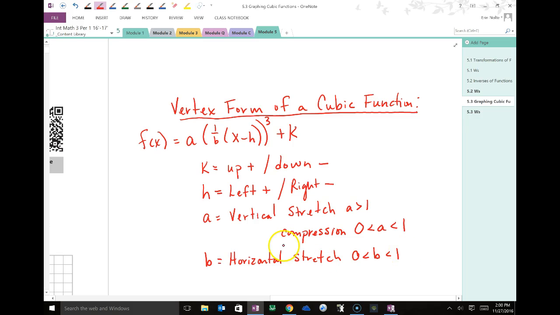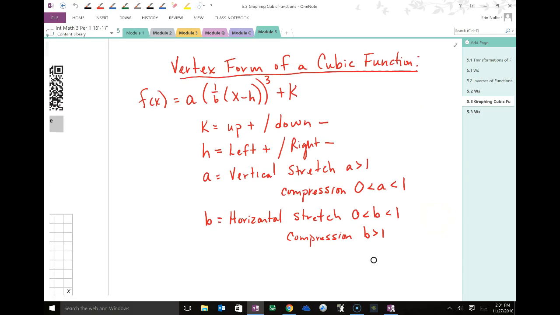Again, when it's on the inside of the parentheses, it kind of works opposite than what your brain would think. As opposed to that, the compression horizontally is going to have to be a b value that's greater than 1. So these are all of your transformations, and this is going to work for basically any function.